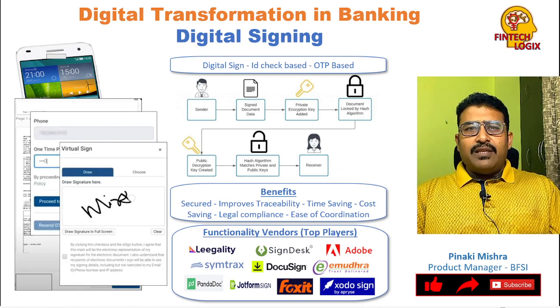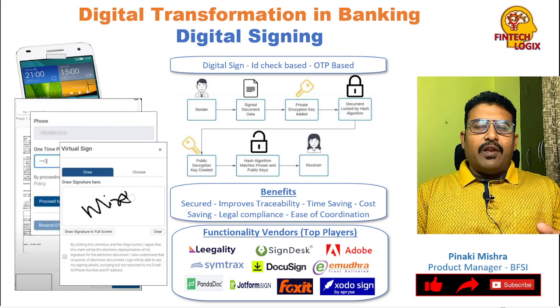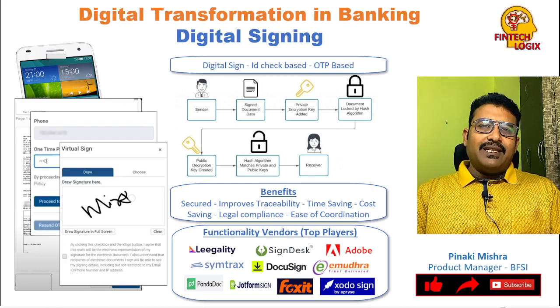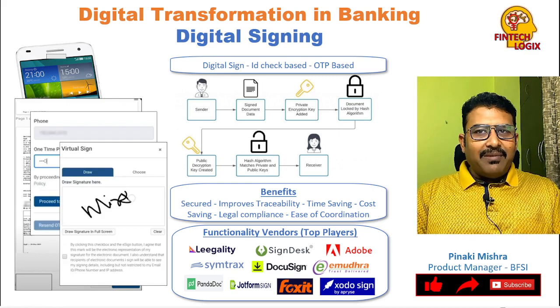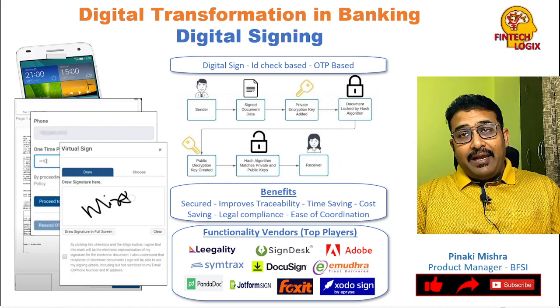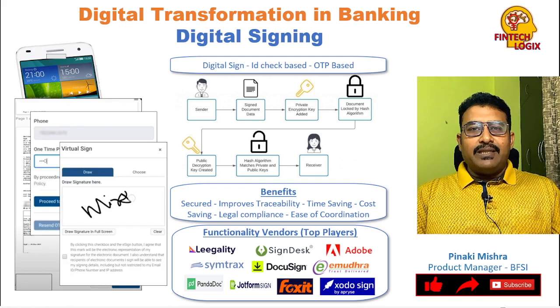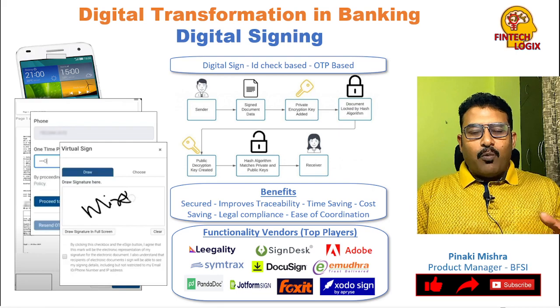So in short, this is the simple process of document signing. Though it's a small area of innovation, believe me, this is bringing a lot of efficiency in terms of security being added, in terms of turnaround time, and in terms of managing your documents effectively. And one more area is digitization of all these documents to find insights from them as well, which was quite difficult in earlier days.